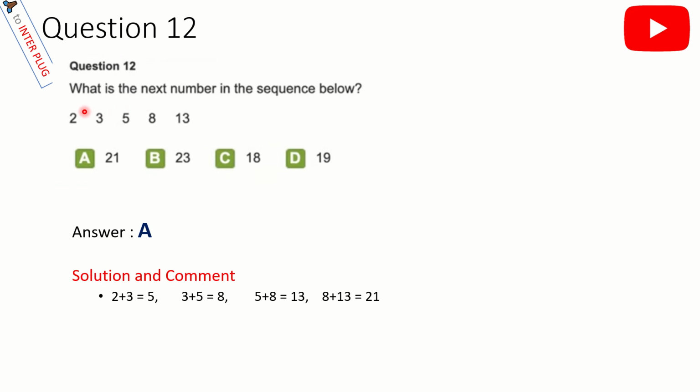If you were trying to say the distance is one, the distance is two, the distance is three, and then you say the distance here is four, it's not four. You see that it's going to disrupt your logic, and I know that many people might get confused. So always try to apply as many tactics as you can. Simply see that adding these two, you get this one. You add these two, you get that. You add these two, you get that one. So you definitely have to add these two to get the next one. So 8 plus 13, 21.